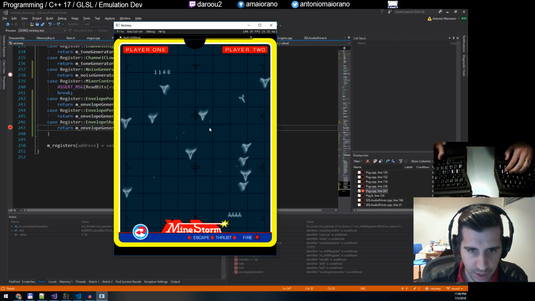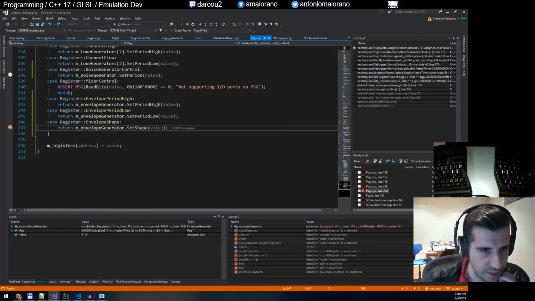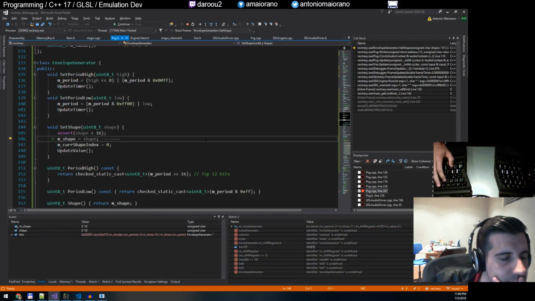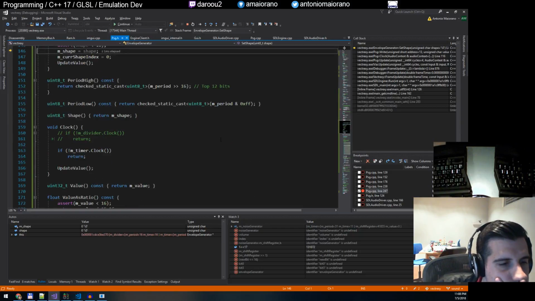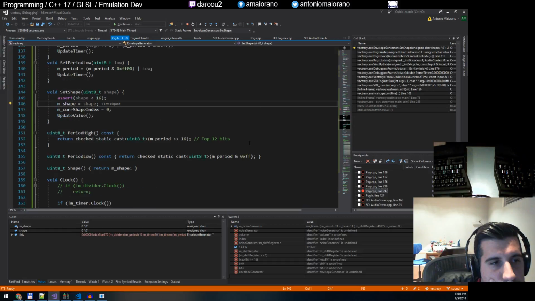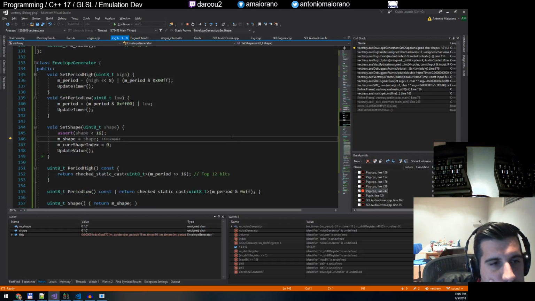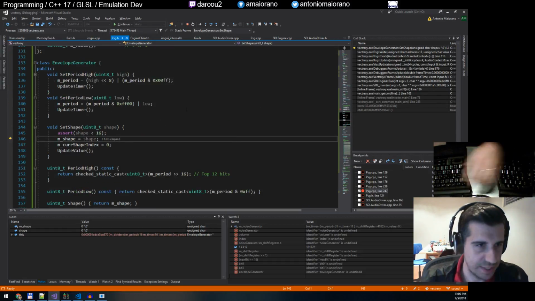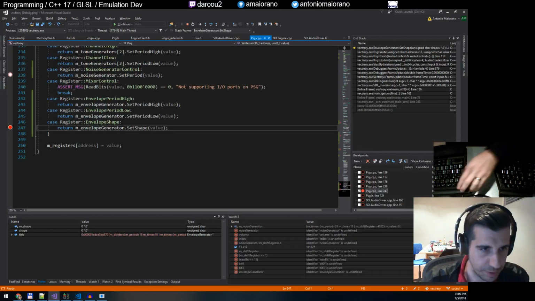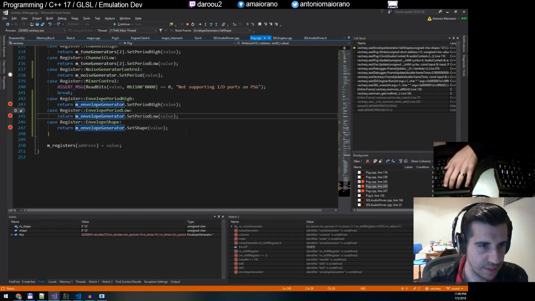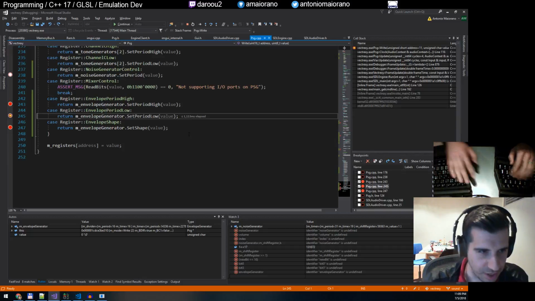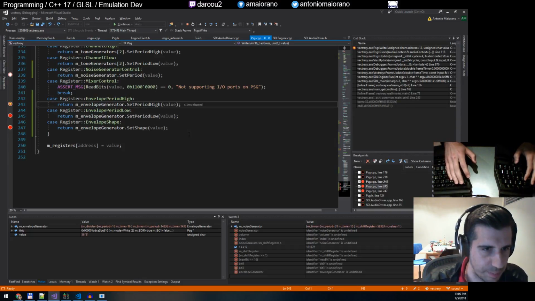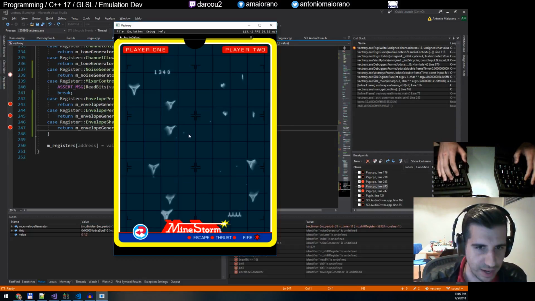If I hit another one, there's a set shape again. And I'm assuming also the set period high and set period low must be called at the same time. Let's see. Oh, I just got hurt. So there's set period low, set period high, and a shape for when I die.